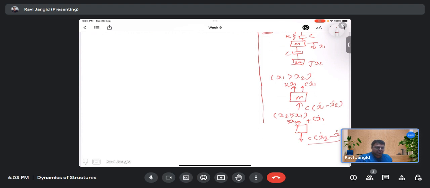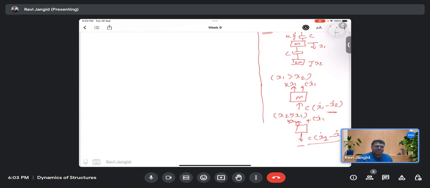Is it clear up to this? Okay. Like only the sign convention will change. If that is reversed, then your sign convention here will be changed.